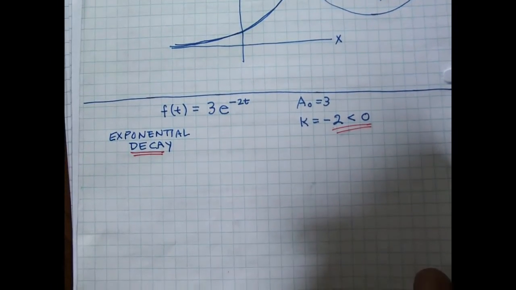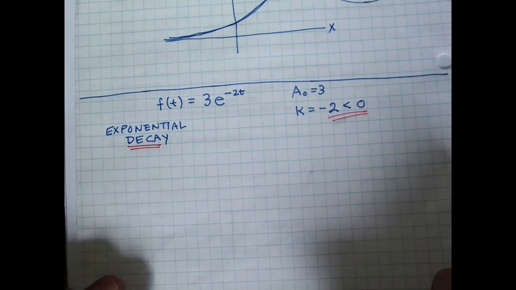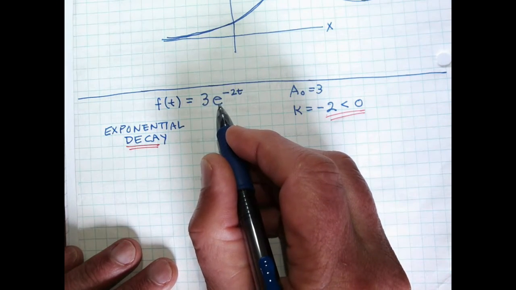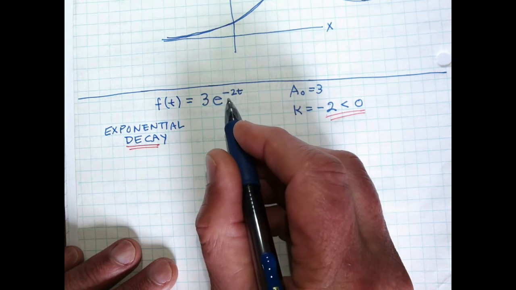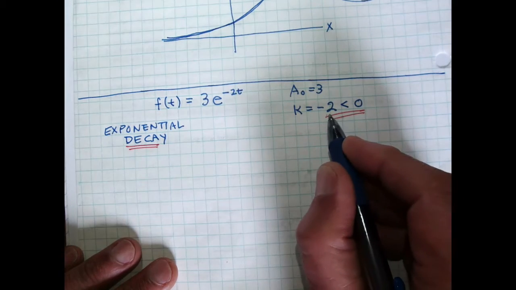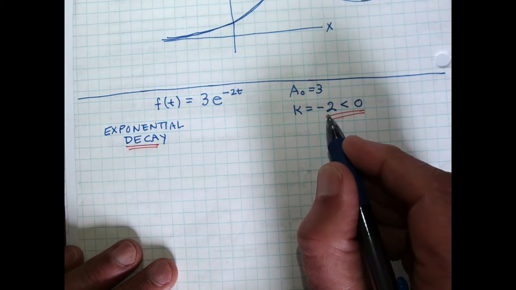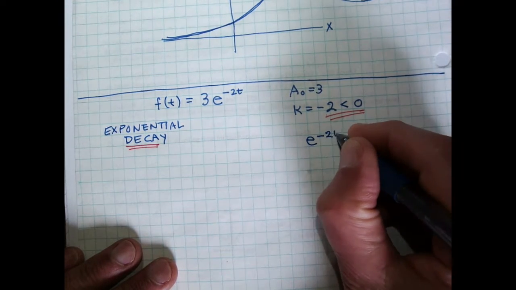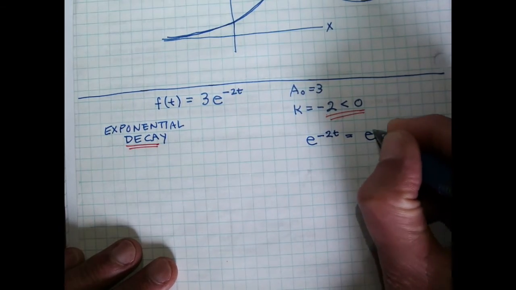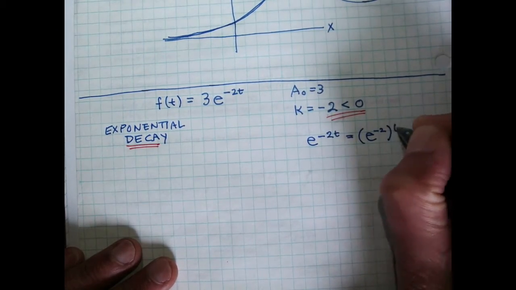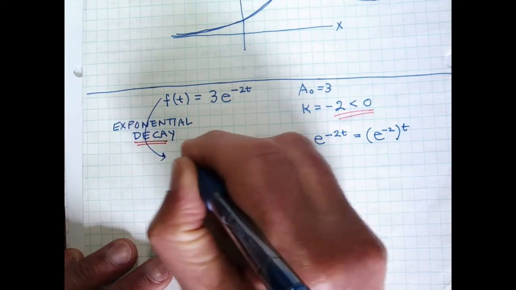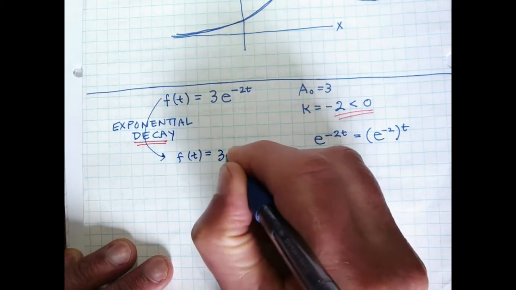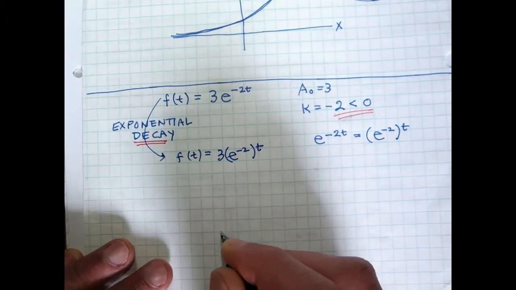Now what happens when k is negative? Here's another example. f(t) = 3e^(-2t). So k is negative 2 here. The e^(-2t) I can think of as (e^(-2))^t again. So I can rewrite that function f(t) as 3(e^(-2))^t.